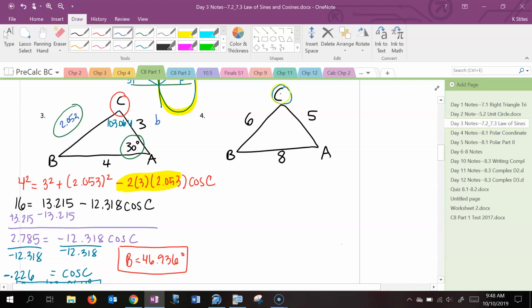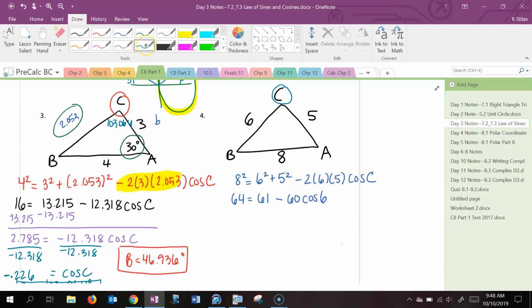Again, we're going to find angle C first, so we're going to start with side C. 8 squared equals 6 squared plus 5 squared minus 2 times 6 times 5 cosine C. We will have to do this piece by piece. 36 plus 25 is 61, minus 60 cosine C. Subtract your 61 over.